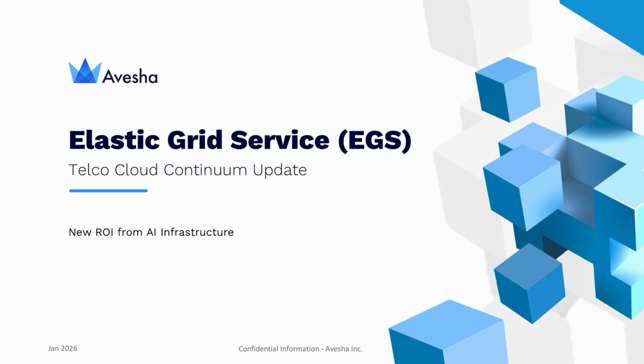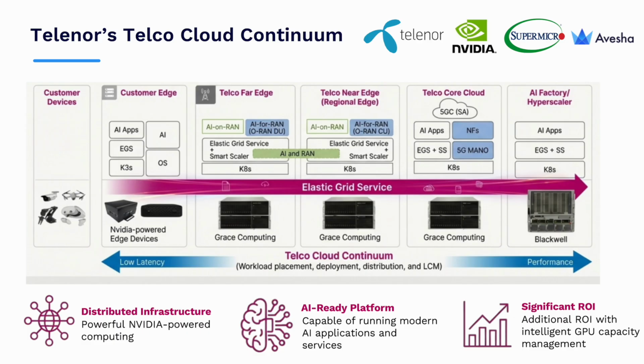We have an update on Elastic Grid Service related to the Telco Cloud Continuum project that we've been working on with Telenor. The theme is all around generating new ROI from AI infrastructure. The project has been a collaboration across Telenor.